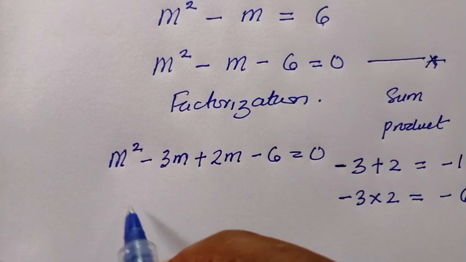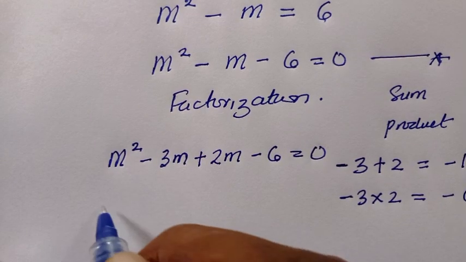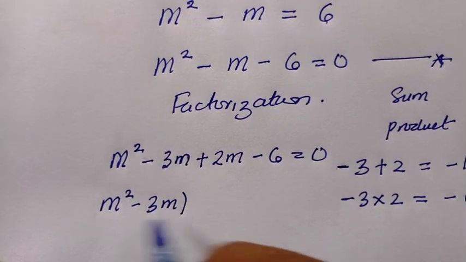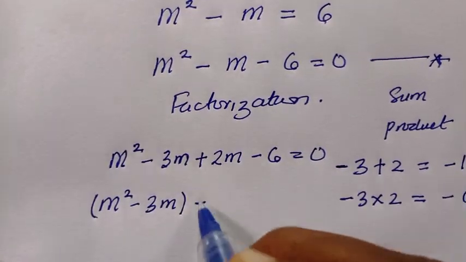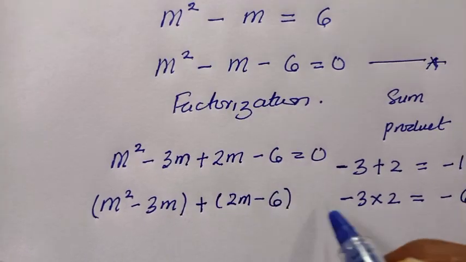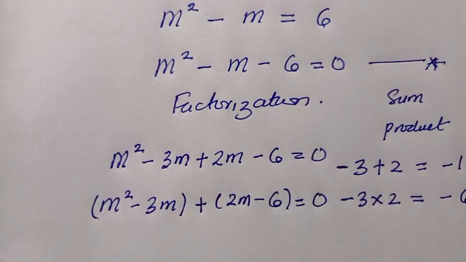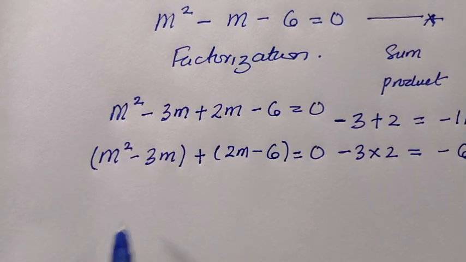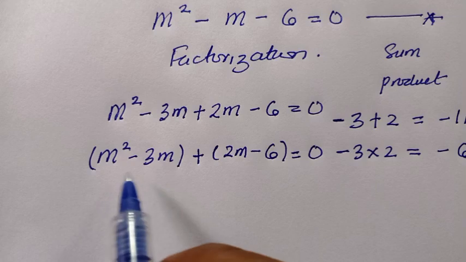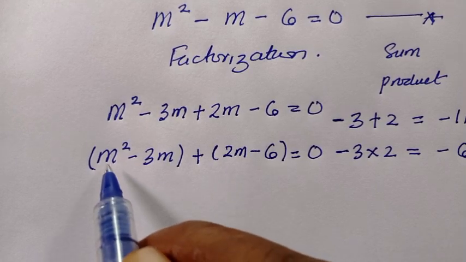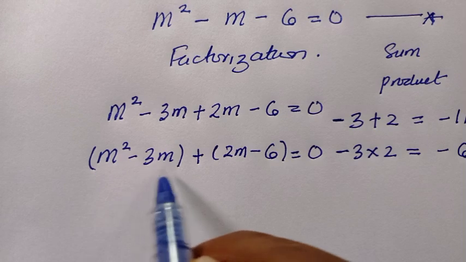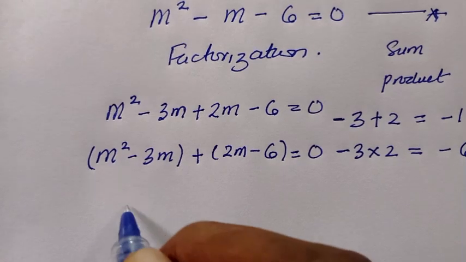So by grouping this in two, we combine this together as m squared minus 3m, in bracket, plus 2m minus 6 equals 0. And by this knowledge, we have to factor out m that is common from these expressions. So here is m squared, that is m times m. So we take out 1m from here and 1m from here.